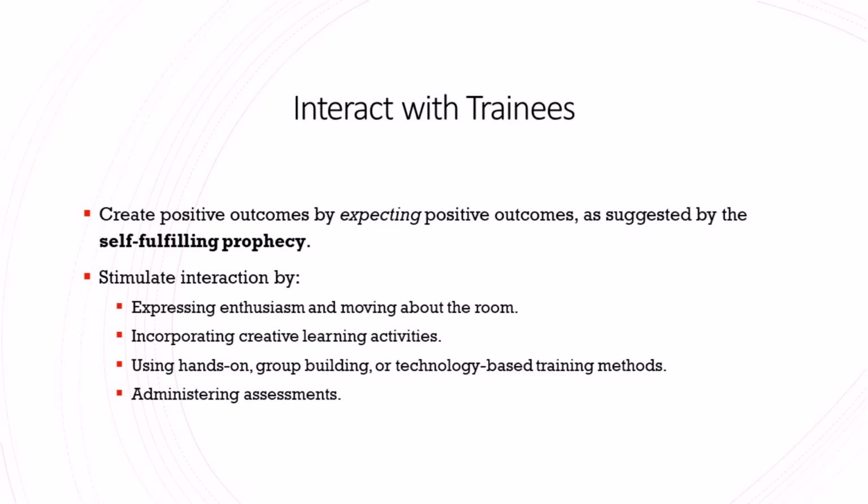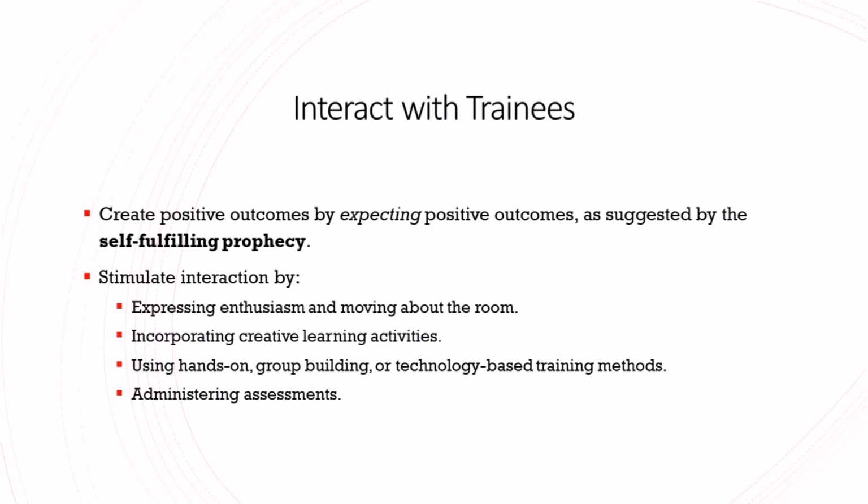To engage with trainees, trainers should try some of these strategies. Be enthusiastic and show trainees just how excited you are to share your expertise with them. Move about the room and exaggerate your gestures, especially in large training rooms.